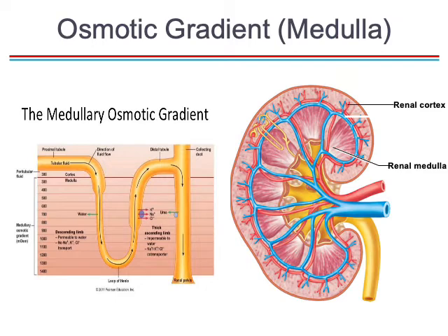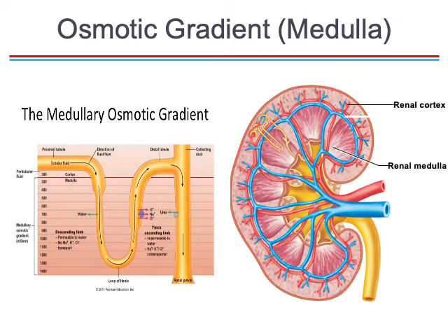This again shows you the nephron flowing from the proximal convoluted tubule to the distal tubule. And of course, in between is a loop of Henle. Please note how the loop of Henle extends deeper and deeper into the medulla, also deeper and deeper into saltier tissues.